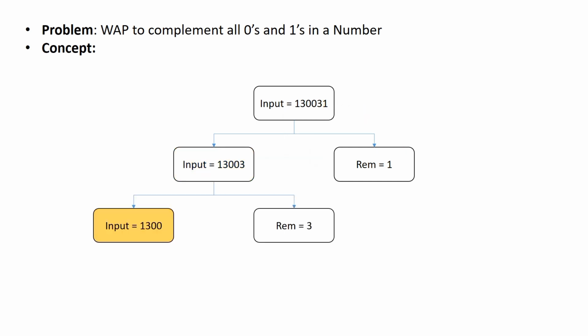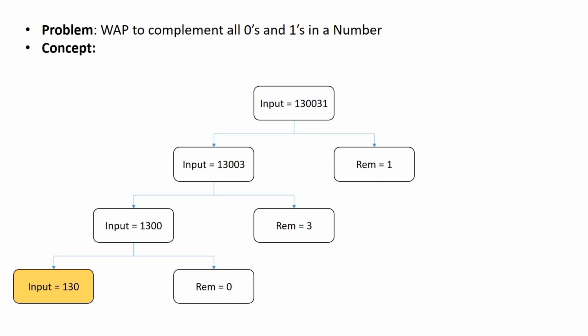Then further it will be divided into two parts. This part will go as a remainder and this part will go as the input to the next function. Then again we divide it into two parts. This part will be the remainder and the dividend will be the input.